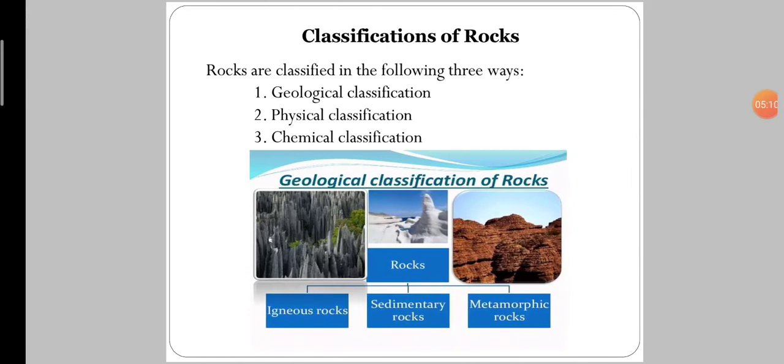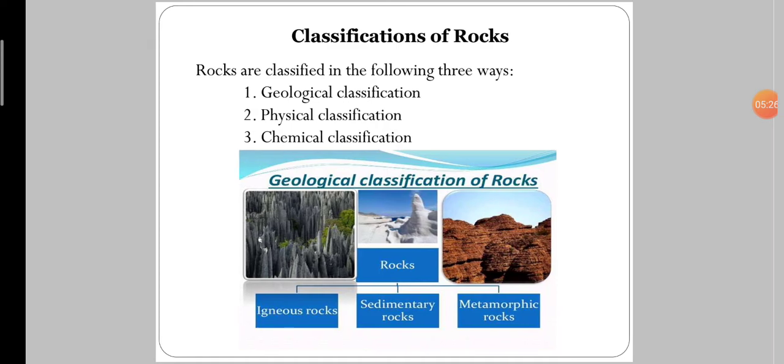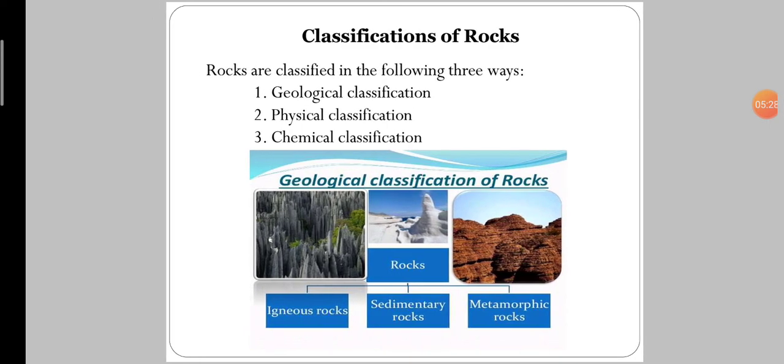Next classification. Here we are classifying the rocks, because we obtain the stones from the rocks only. Based upon rock classification, there are three classifications available. One is the geological classification, number two physical classification, and third chemical classification.